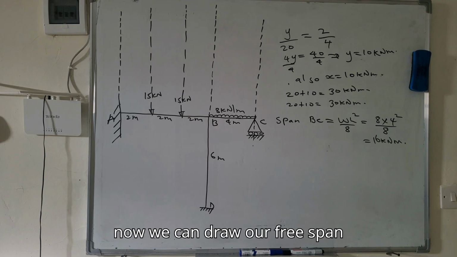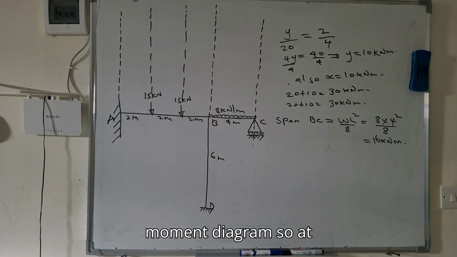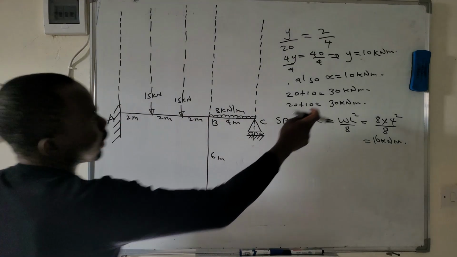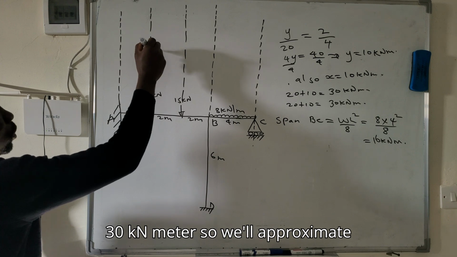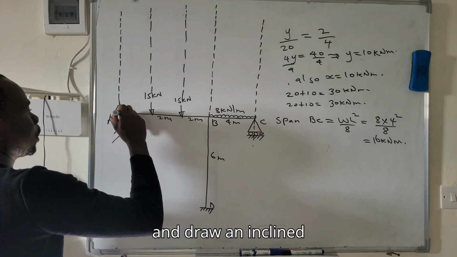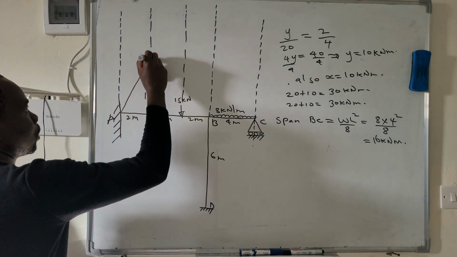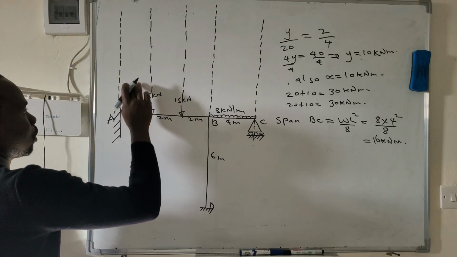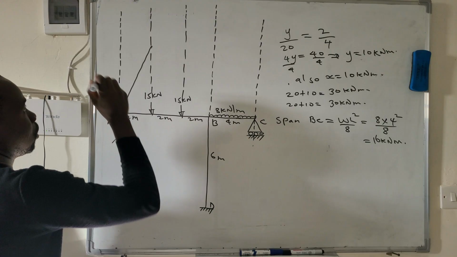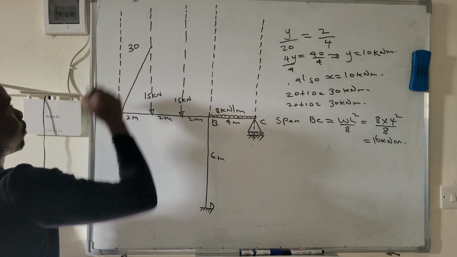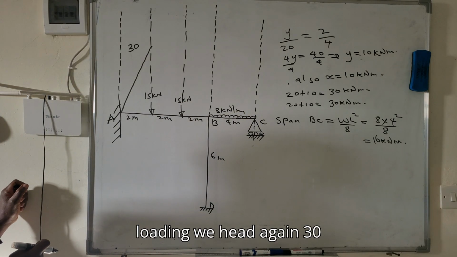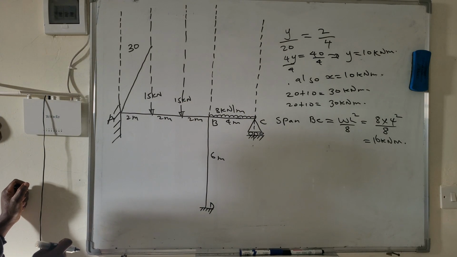Now we can draw our free span moment diagram. At our first 15 kilonewton load, we had 30 kilonewton meter. So we'll approximate and draw an inclined line. So this is 30. Again, at our second loading, we had 30 kilonewton meter.